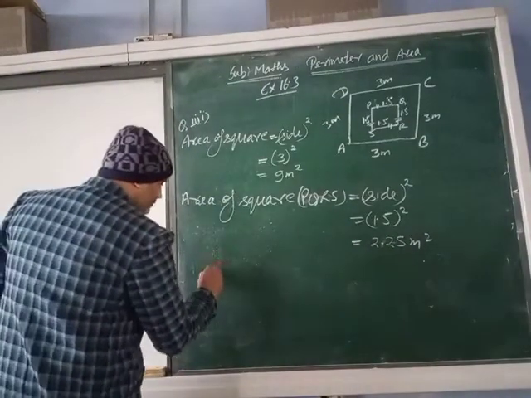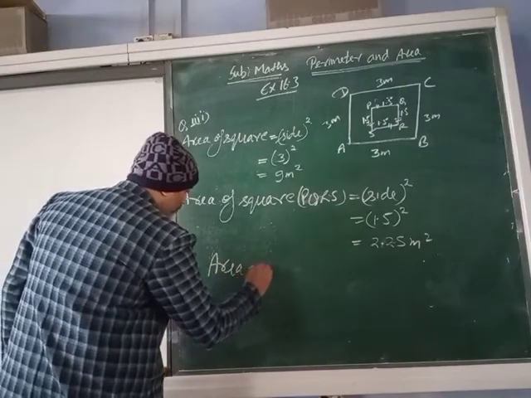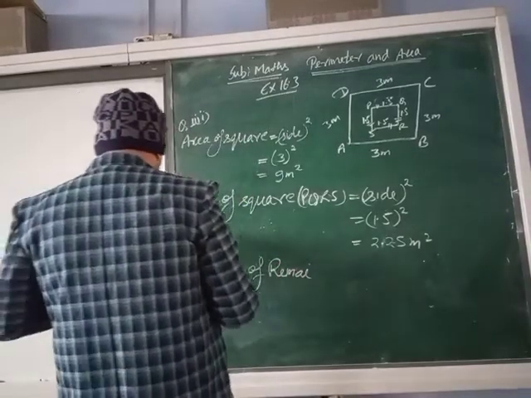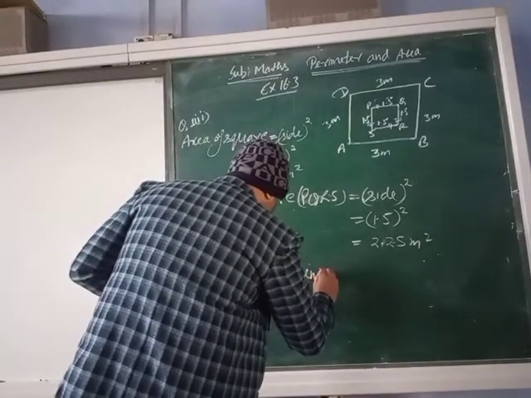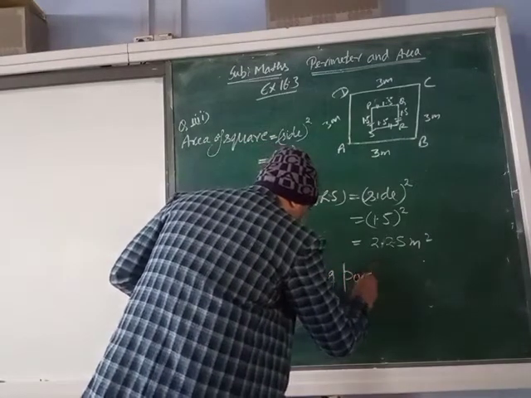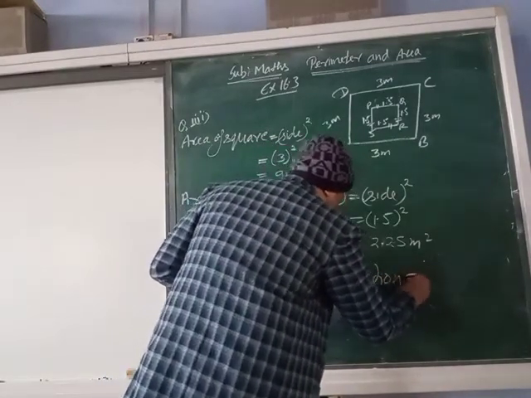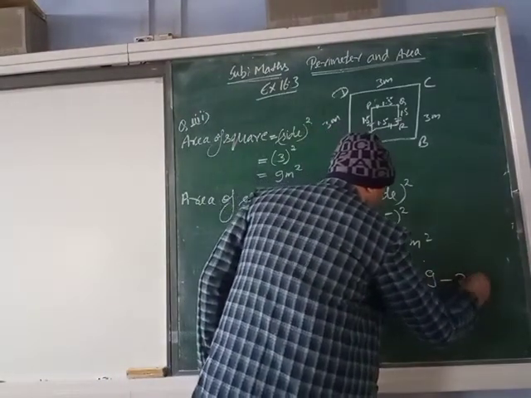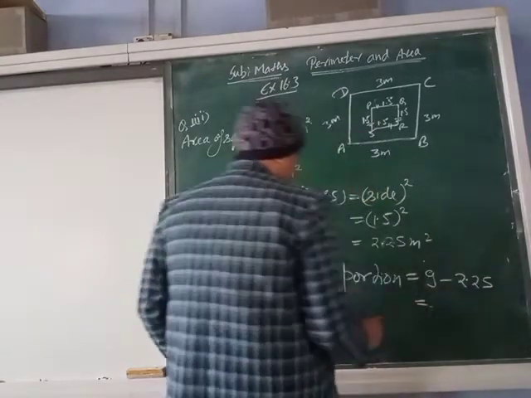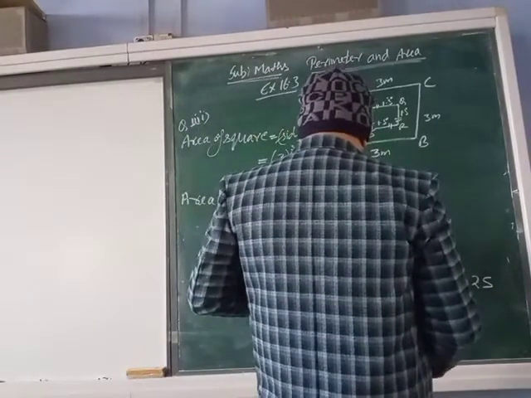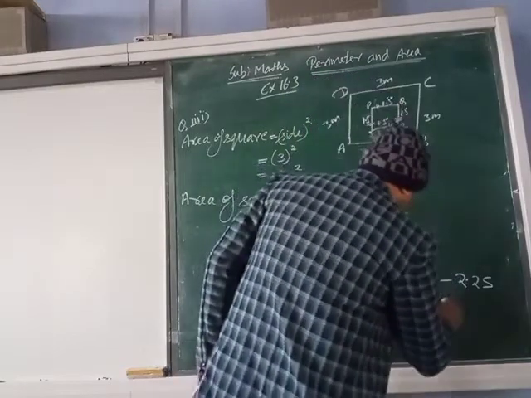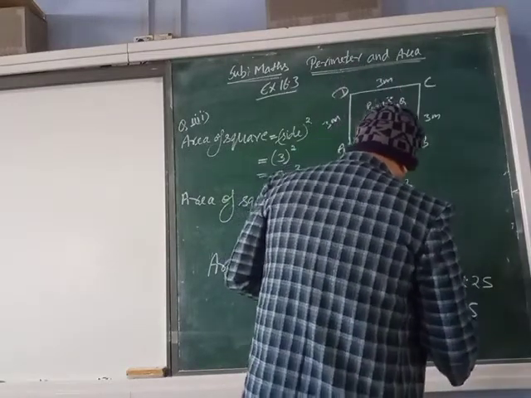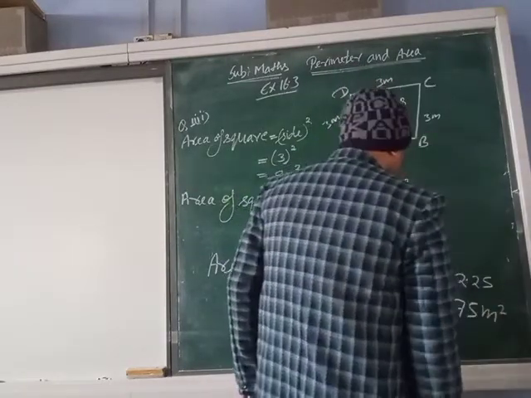Area of remaining portion is the area of this minus the area of this. So when you subtract, then you will get 6.75 meter square. Okay.